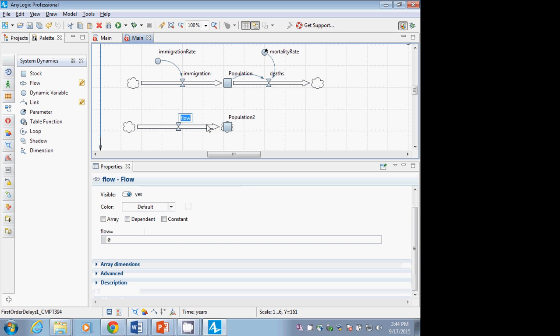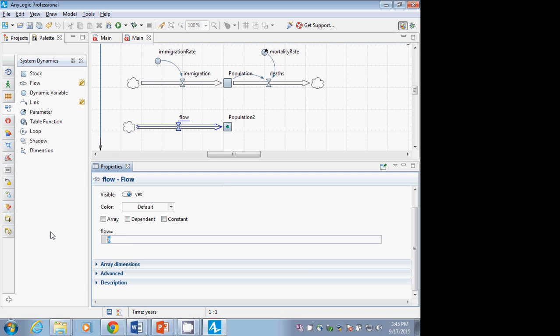So here we have population 2. I'm just going to be redrawing this in a different way. And this is going to be, ladies and gentlemen, net immigration.